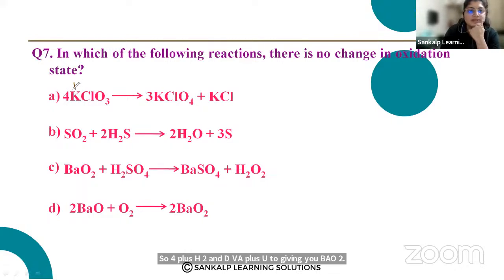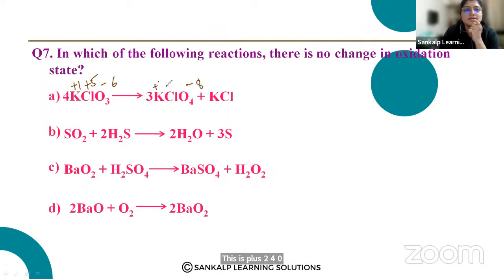So K is plus 1, Cl here is plus 5, and in the product, Cl is plus 7. Then minus 1 and plus 1 for KCl. Then SO2: minus 4, plus 4.